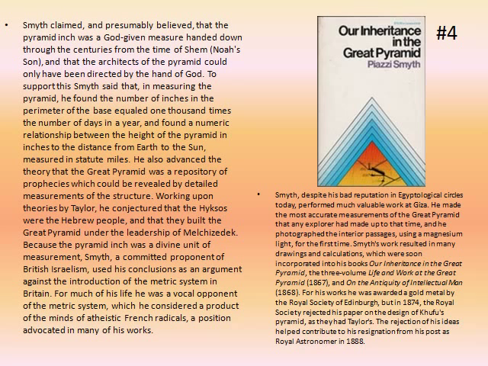Smythe's work resulted in many drawings and calculations, which were soon incorporated into his books, Our Inheritance in the Great Pyramid, the 3-volume Life and Work at the Great Pyramid, 1867, and On the Antiquity of Intellectual Man, 1868.